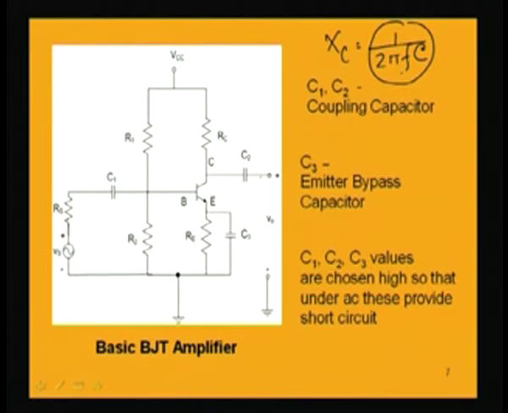That means if C1, C2, C3 are very high, then these capacitors will be like a short circuit for AC. Under AC operation it will be like a short circuit, and that is ensured by choosing a very high value, and under DC condition it is an open circuit. So, this has to be remembered, only then will we have faithful amplification.